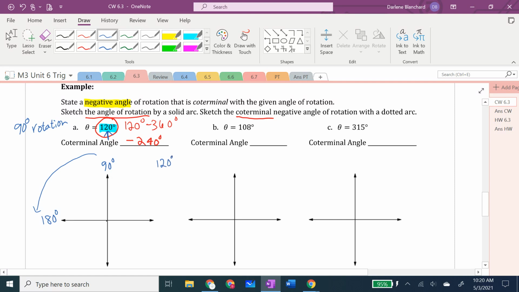If you cut it up into thirds, that's about 1/3 in. So it's 1/3 away from 90. And 120 is 30 degrees beyond 90. And if you think about this being a 90-degree amount of rotation, 30 degrees is 1/3.